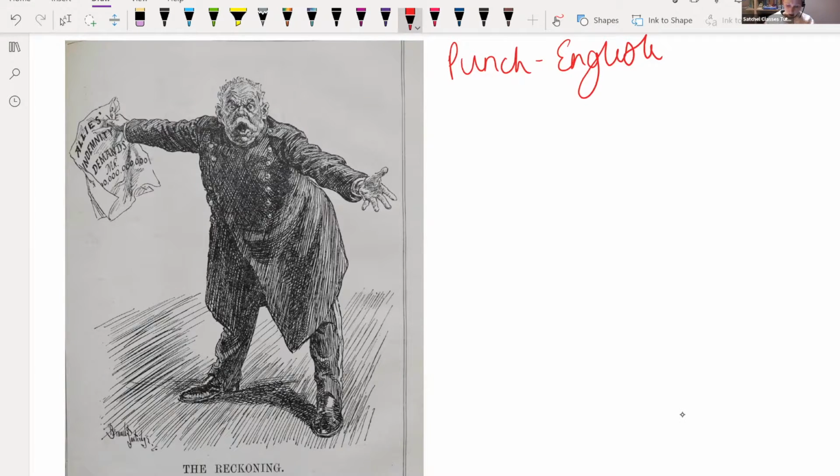Okay, so if we have a look in this, it says here allies, indemnity, demands, and so what this is, is the terms of the Treaty of Versailles, but it's talking about the money element of it.